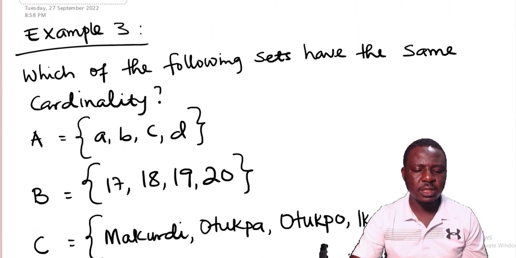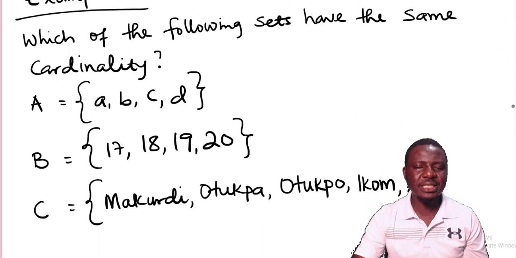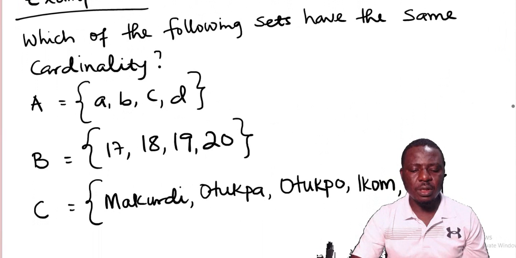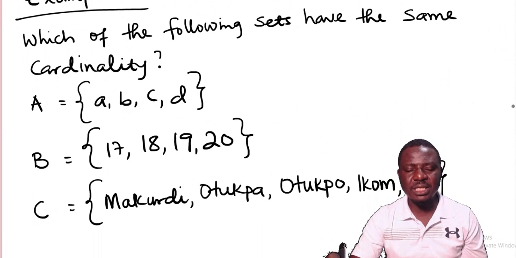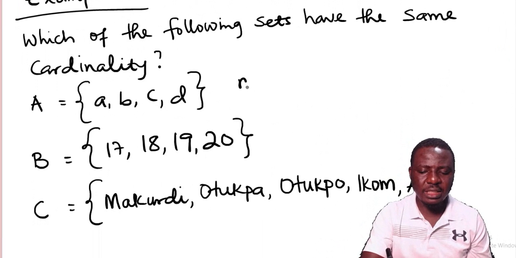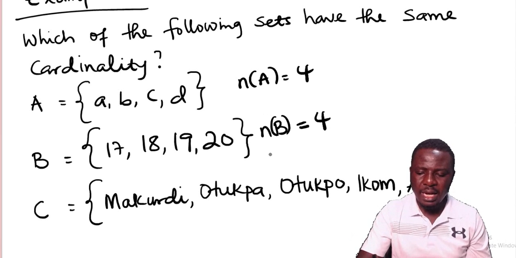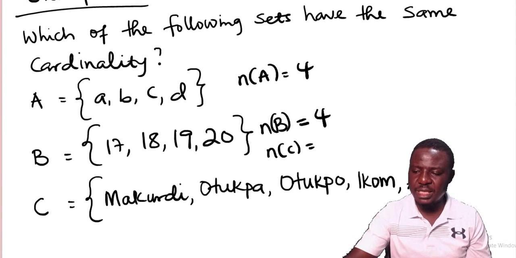Example 3 says, which of the following sets have the same cardinality? By cardinality, we mean the number of elements in that set. Set A has cardinality of 4, that is, n of A is equal to 4. n of B is also 4. And n of C, how many elements do we have in C?